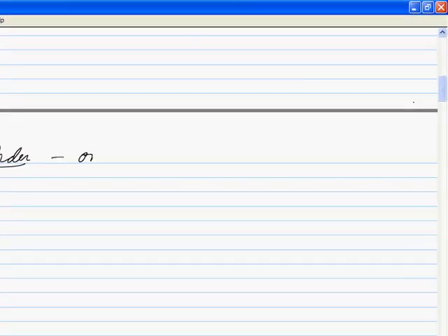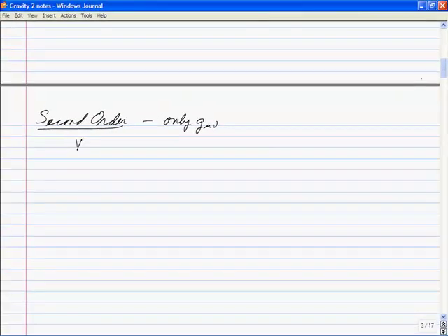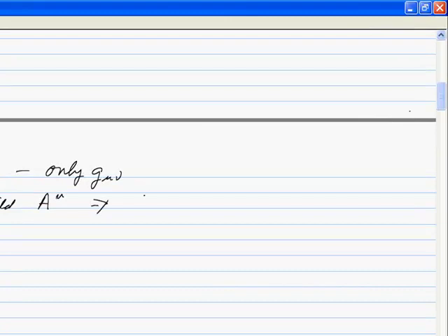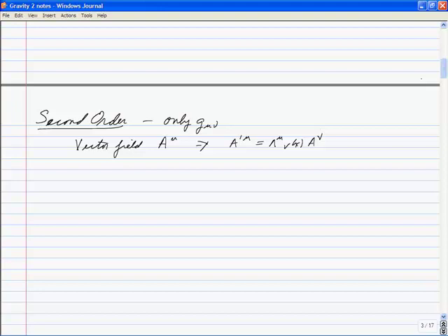Okay, so here we can do things only with G. So the starting point here might be a vector field, some A_mu, which transforms as A prime mu is Lambda_mu^nu of x, A_nu. And to make this work, you then need covariant derivatives on the vector fields.